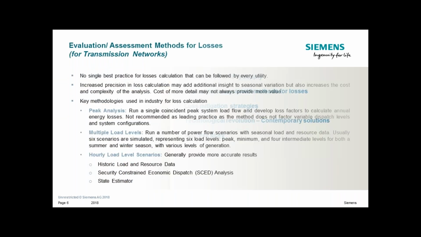So now we are going to talk about the evaluation of our assessment method for the losses for transmission networks. One thing we have to be very clear: there's no single best practice for losses calculation that can be followed. There are different practices adopted by different users across the globe.